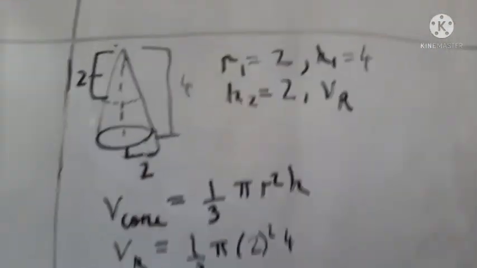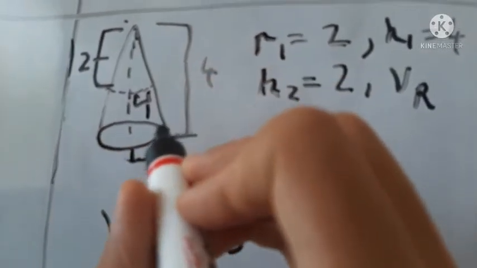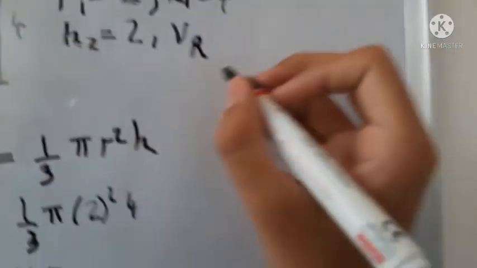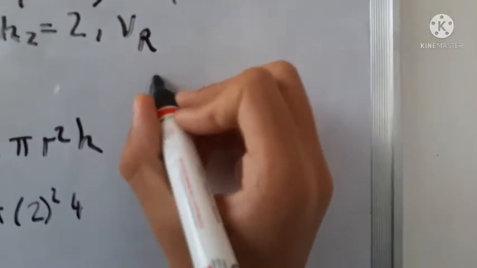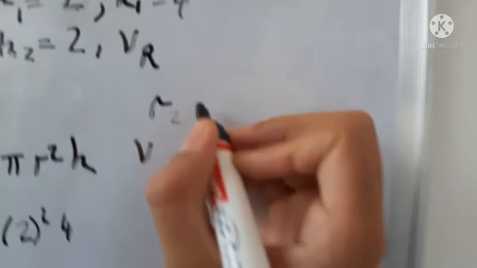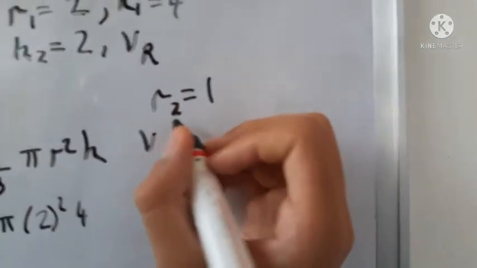We can see by similar triangles that the radius of the bite will be 1, right? So r2 should be 1. For the formalities, we'll write it out.